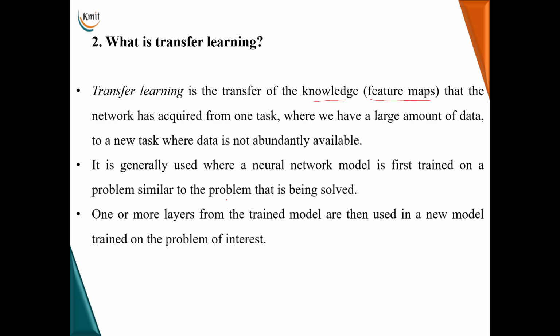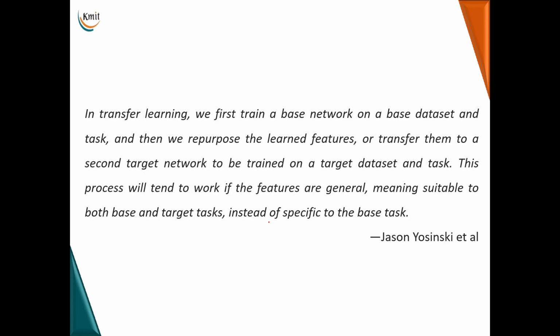It is generally used where a neural network model is first trained on a problem similar to the problem that is being solved. One or more layers from the trained model are then used in a new model trained on the problem of interest. This is the definition given by Yosinski and his team in a paper they published in 2014.